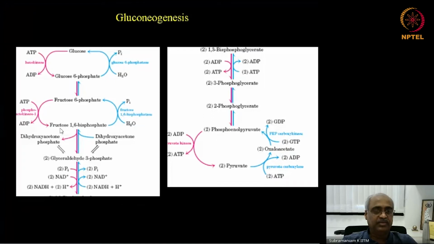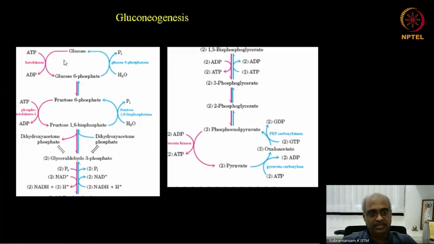The second one is fructose 6-phosphate to fructose 1,6-bisphosphate formation by PFK1, phosphofructokinase. That again is not reversible, and therefore a separate enzyme does the job in the opposite direction. Then glucose 6-phosphate to glucose is also by a separate enzyme.